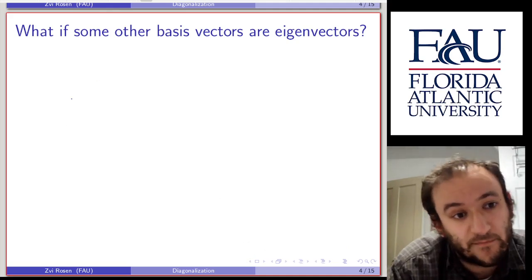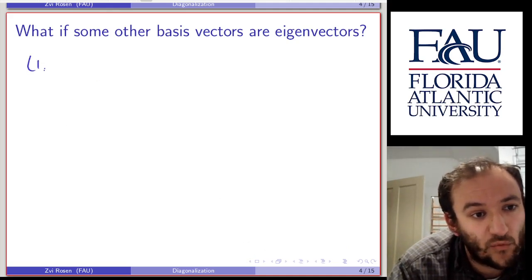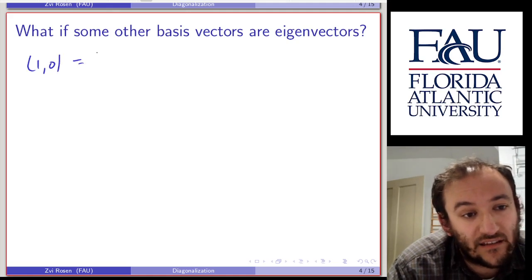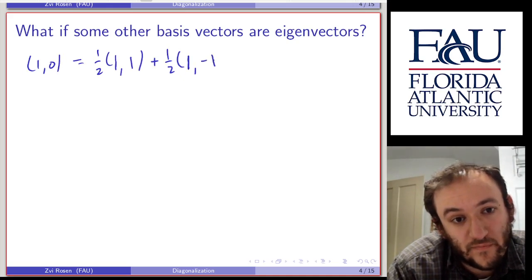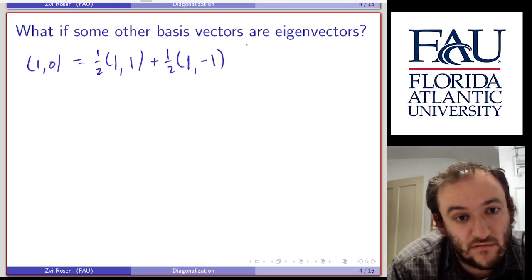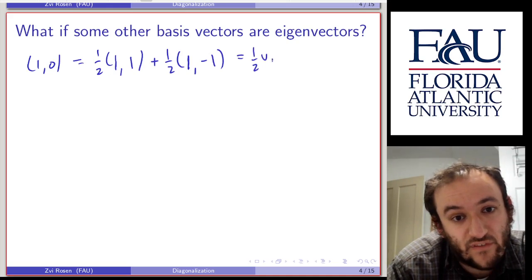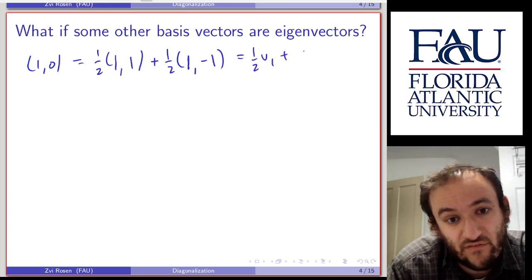So in particular, with 1, 0, I could tell that this is equal to a half of 1, 1 plus a half of 1, minus 1, which is just a half of v1 plus a half of v2.